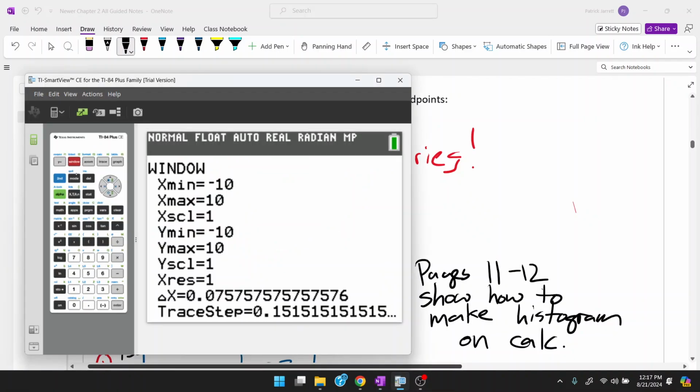So, the X-min, what was the smallest class boundary? Not limit, but the smallest class boundary. Negative 0.5. Negative 0.5. Now, what was the largest class boundary?